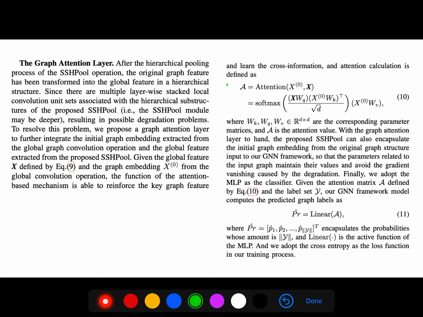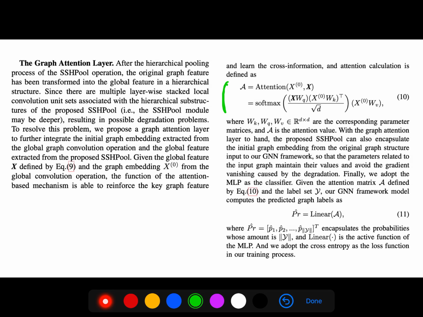So the attention can now be calculated like this. The graph attention layer. After the hierarchical pooling process, the original graph feature has been transformed into a global feature in a hierarchical structure.